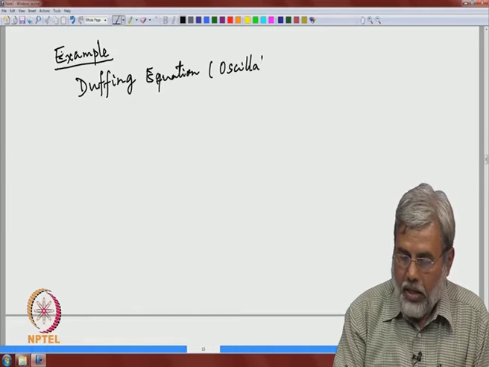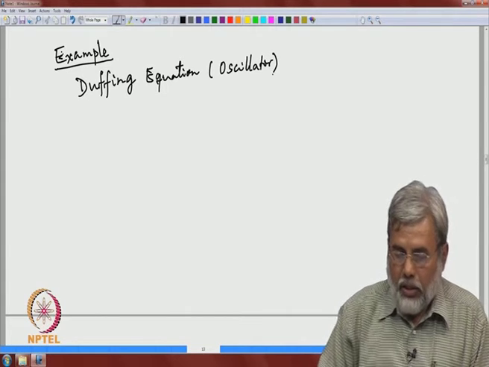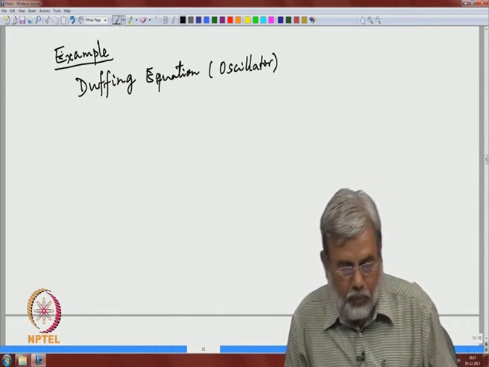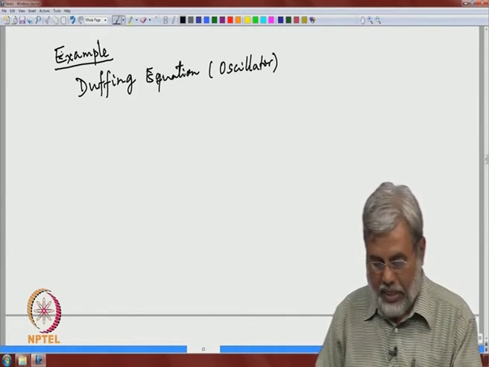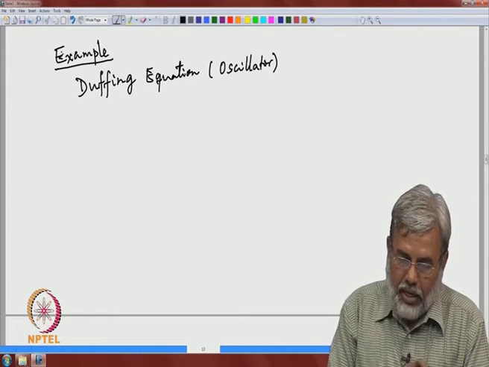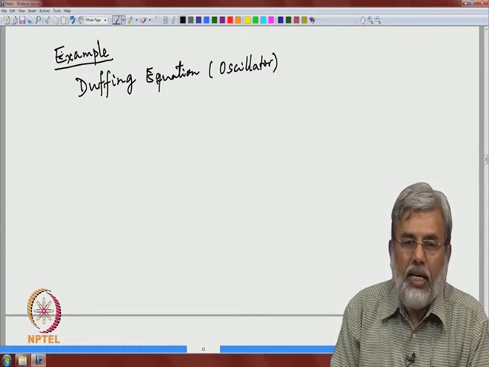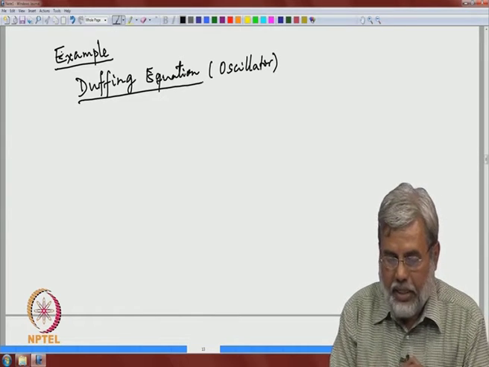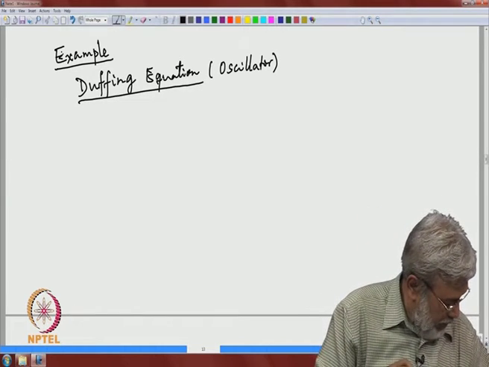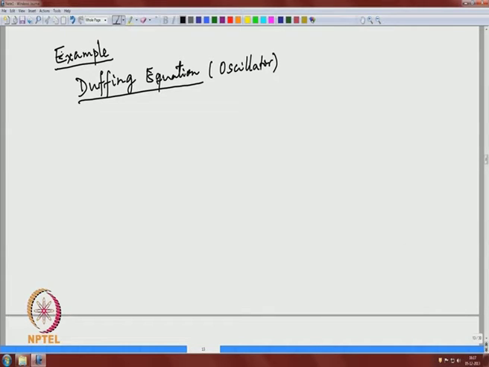Okay. So, it is similar to the mass spring dashpot system. The only thing is here the forcing is non-linear, it is cubic in particular. So, let me just write that. Okay. So, it is a second order equation.